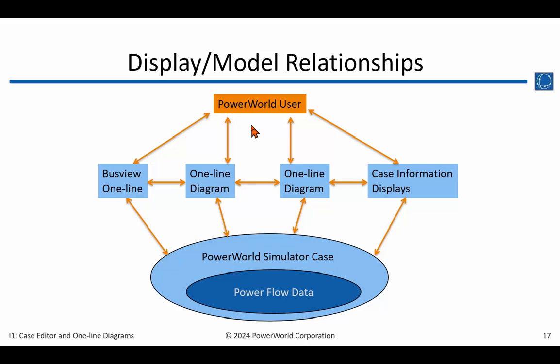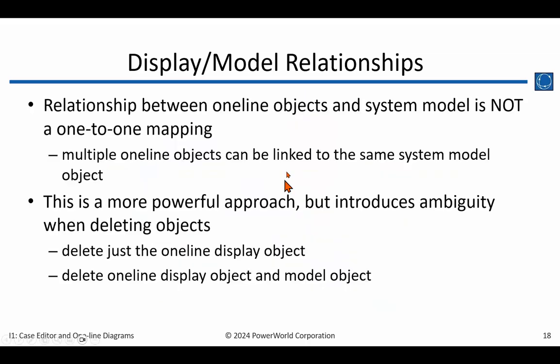This next slide just shows that relationship graphically. So the user can interact with the power flow case using a bus view one-line diagram, one-line diagrams that you create, or case information displays. And you can have multiple instances of each of these operating. Furthermore, within a single one-line diagram, one-line objects don't necessarily have to have a one-to-one mapping.